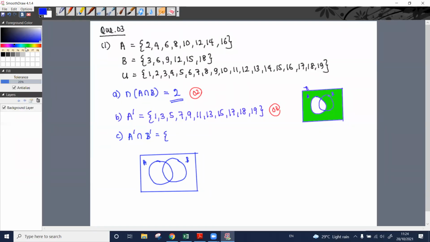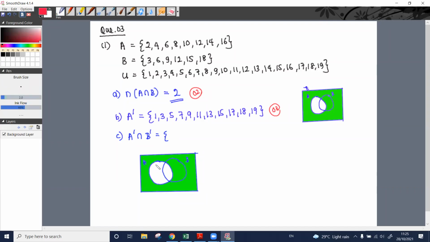If it is A dash, it means this region, not belonging to A. Not belonging to B means this whole region. This is B dash. Intersection means what? Common to both of these two sets. The area common to both of these two sets means what?